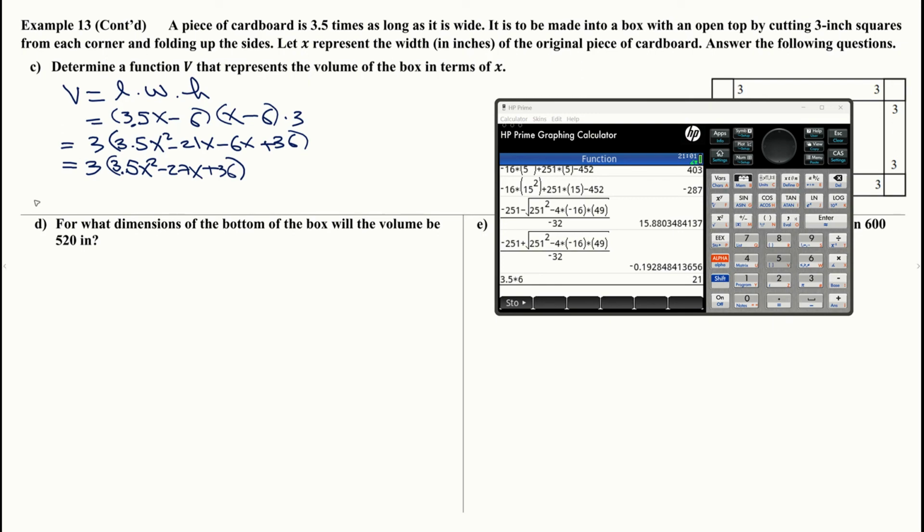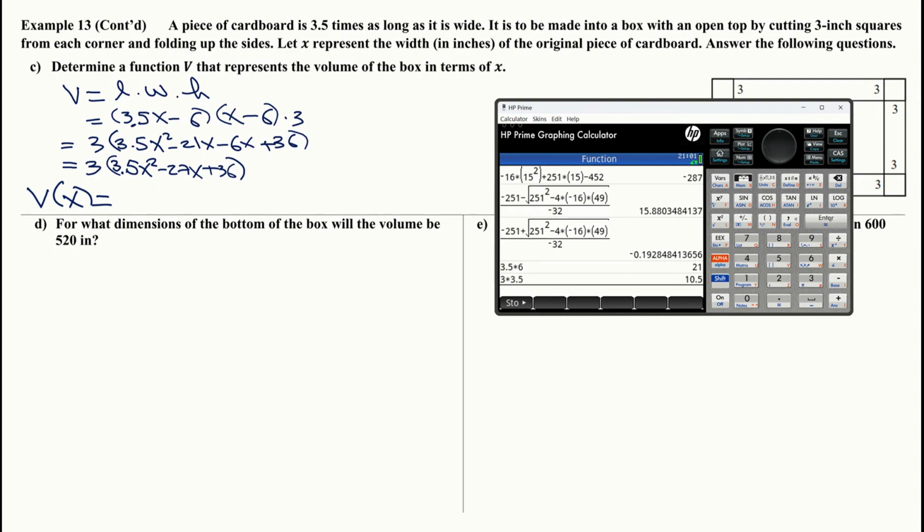All right, so finally we get v, and notice that it is going to be just a function of x, right? So we get v of x equals 3 times 3.5, I believe that's 10.5, but let's make sure. Yeah, it is. Okay, so 10.5x squared minus, that should be 81. 3 times 20 is 60. 3 times 7 is 21.